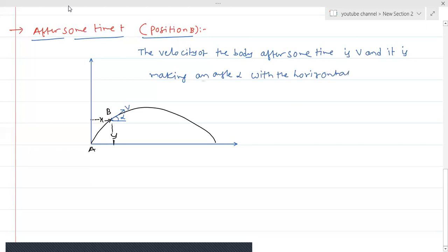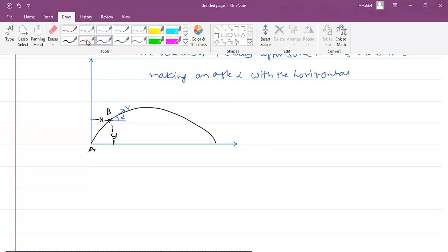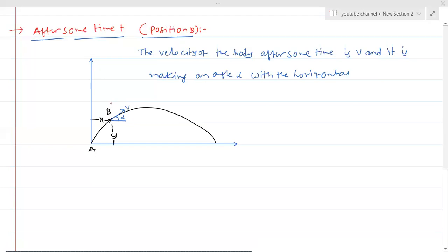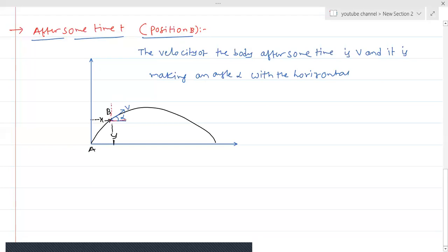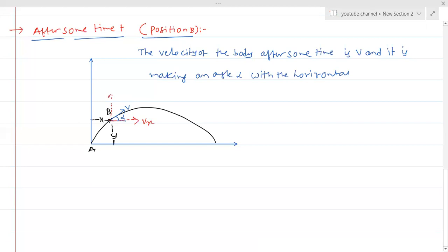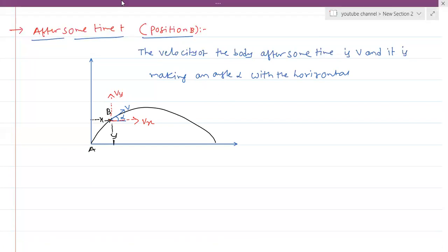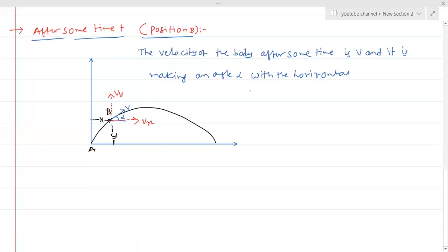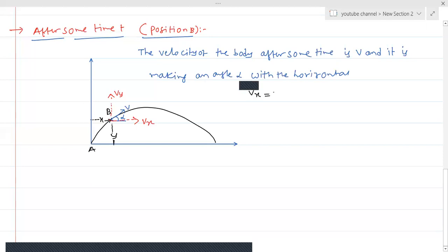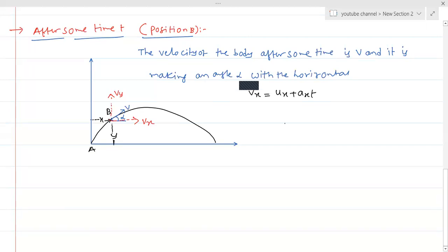With the horizontal. So when that is v, automatically we think of its projections. We used to think of this as vx and this as vy. So vx we will write simply as ux plus ax into t.